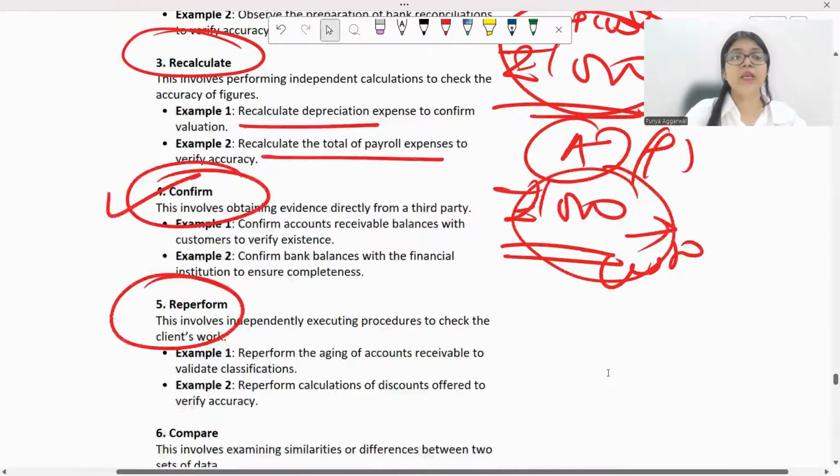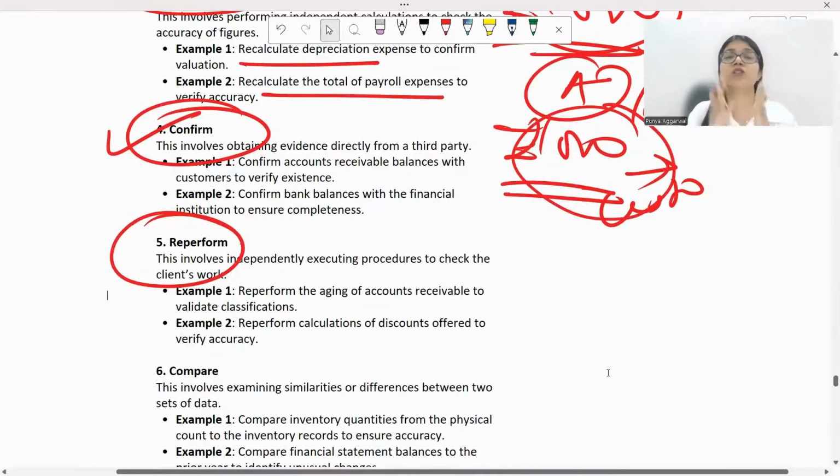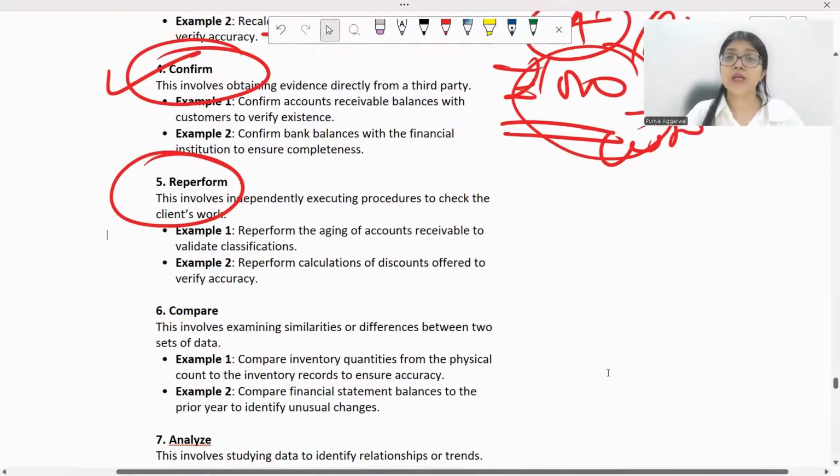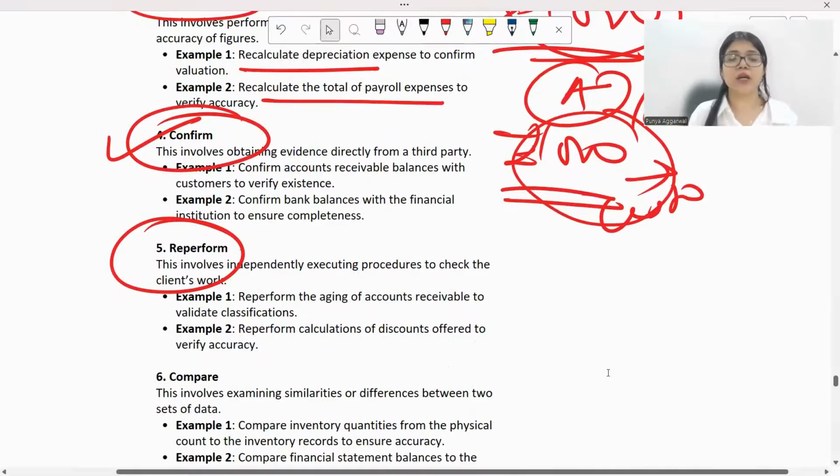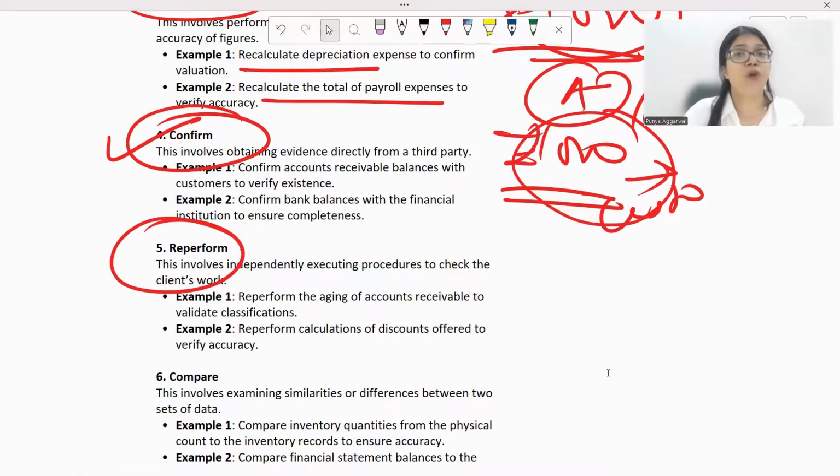So basically, reperform is, you cannot reperform calculations as such. Calculations, or ratios, or amounts of receivables, payables, expenses, you cannot reperform. Reperform means some procedures have to be reperformed. You do not perform, you reperform procedures which are actually happening.